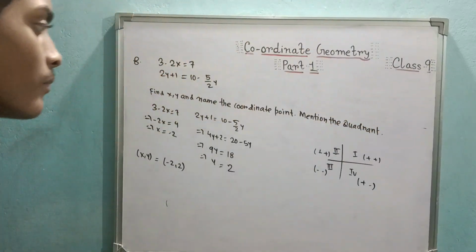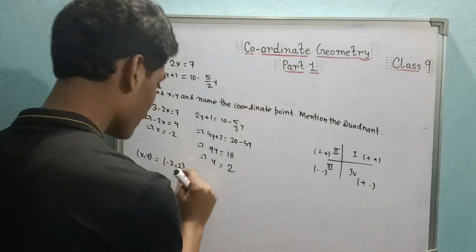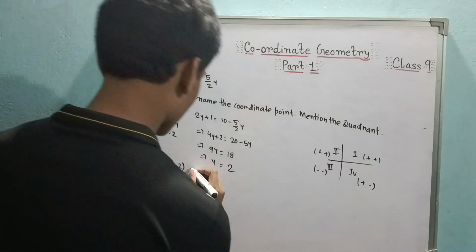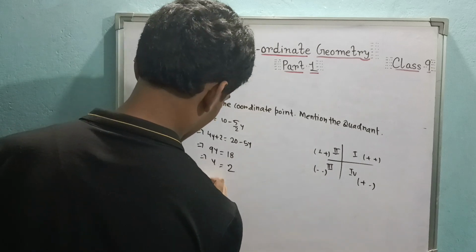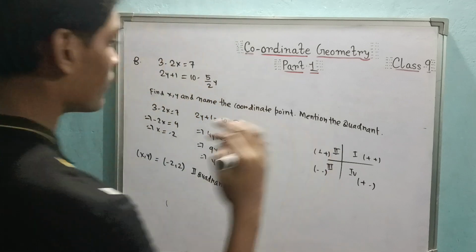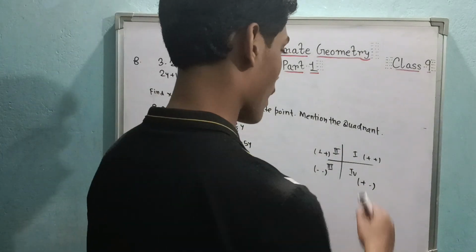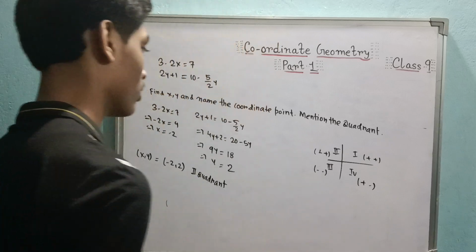Now let's see, second quadrant minus plus, here also minus plus. So this point lies in the second quadrant. You have to just see the signs and identify in which quadrant it lies by this little information of abscissa and ordinate signs. That's all.